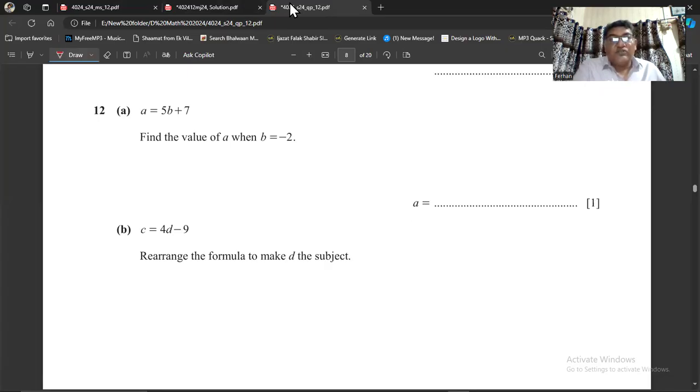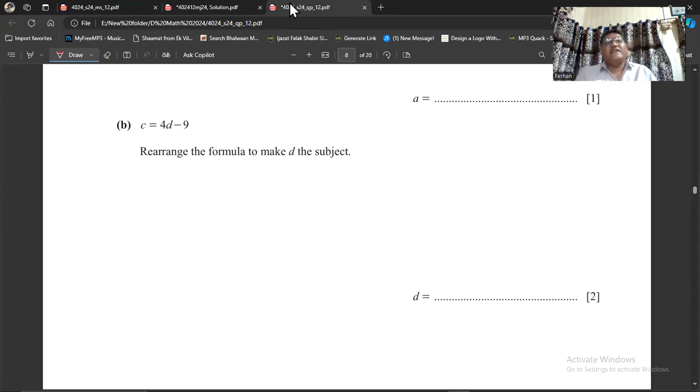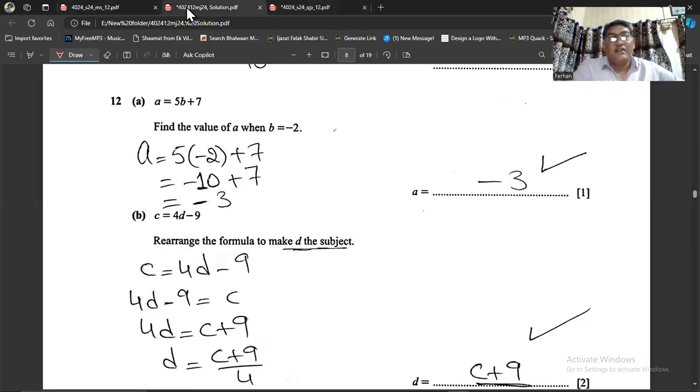Then question number 12, B part. C is equal to 4D minus 9. The question is to rearrange the formula to make D the subject. So if you want to make D the subject, I will take this minus 9 to the other side, then this 4 will go to the other side and divide.